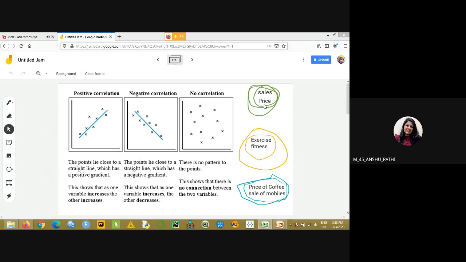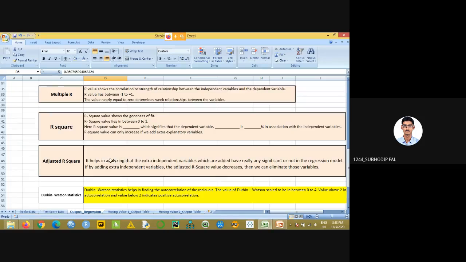So what is written over here is that adjusted R square helps in analyzing whether the extra independent variables which are added really have any significance or not in the regression model. If by adding an extra independent variable the adjusted R square value decreases, then we can eliminate those variables. Means I'm adding the quality of product over here, right?